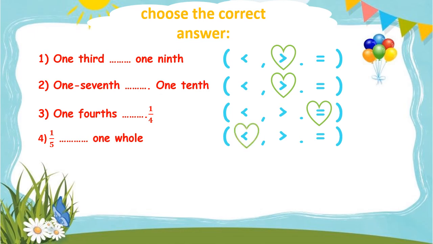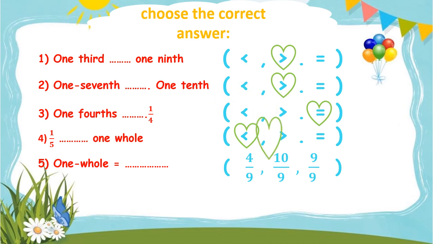Super, we will put less than because 1 out of 5 is less than 1 whole. What about 1 whole equals what? Okay, 4 out of 9, or 10 out of 9, or 9 out of 9. Super, excellent, 9 out of 9.